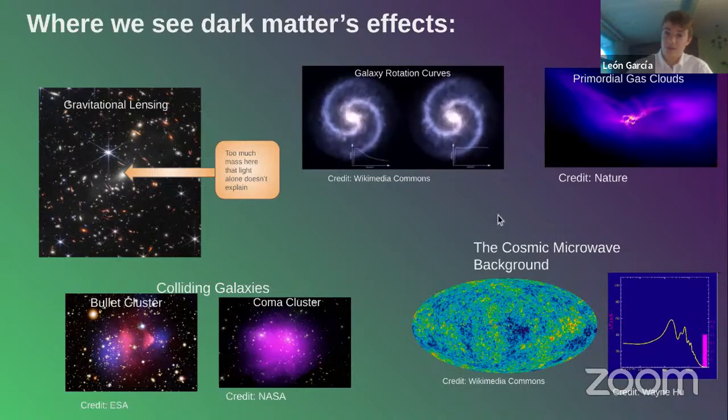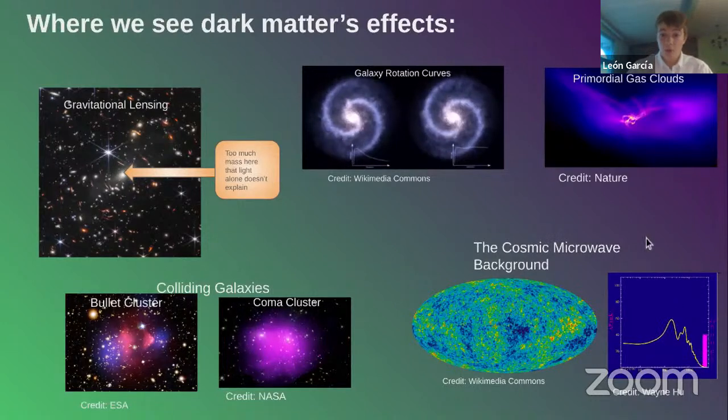We see structures in the early universe forming out of completely undifferentiated soup, or bubbles emerging, and that is primordial gas clouds. We see galaxies colliding that are orbiting one another too fast, and where we don't see light emitting mass, we do see gravitational lensing, which doesn't make any sense unless there's mass that we can't see.